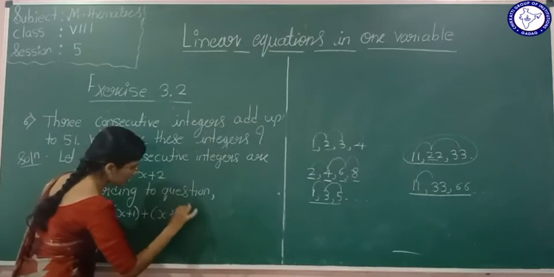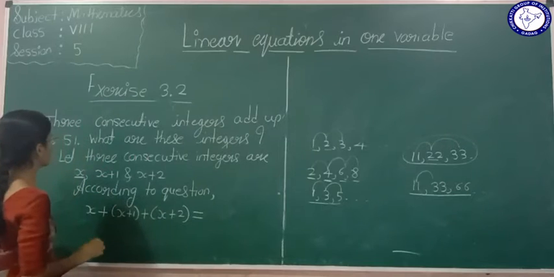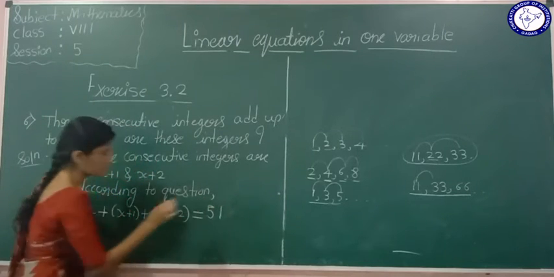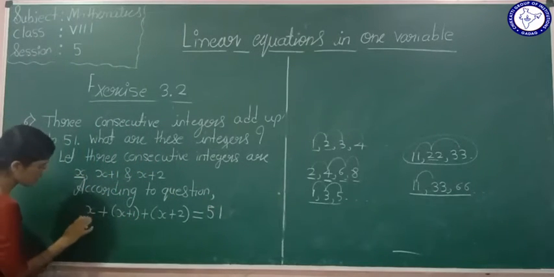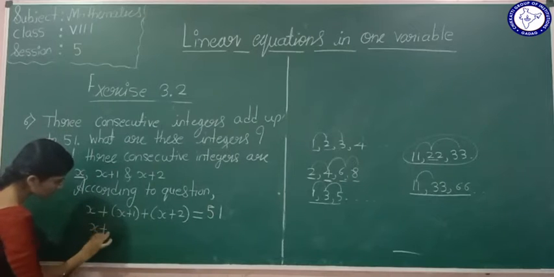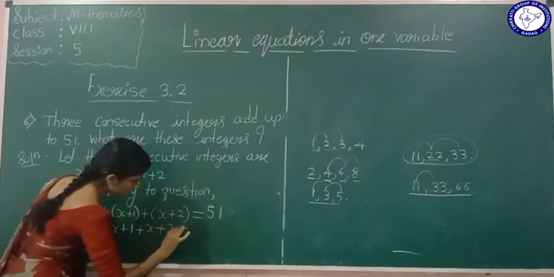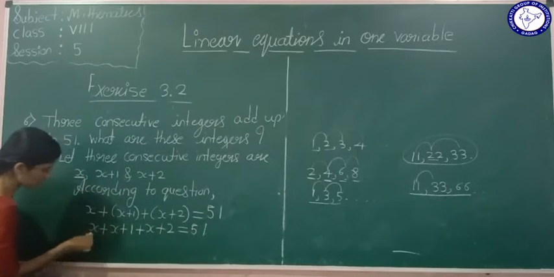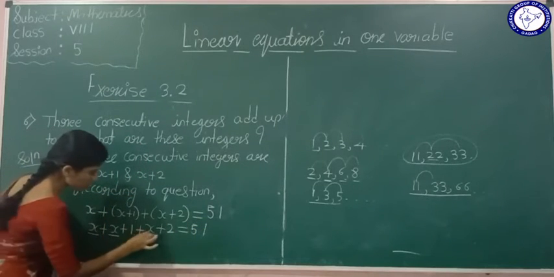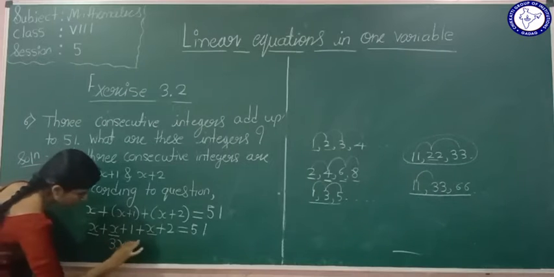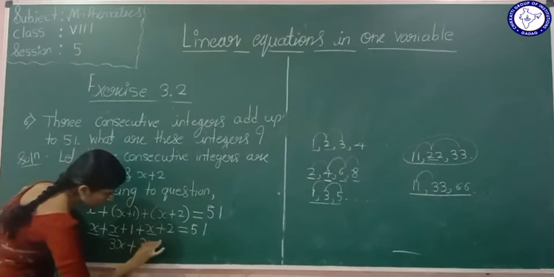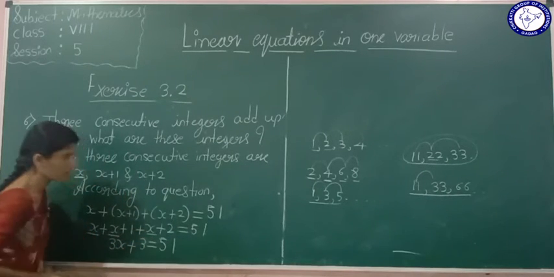We are getting the sum 51. Okay. Now see, simplify this. x plus x plus 1 plus x plus 2 is equal to 51. x plus x is 2x, 2x plus x is 3x. 1 plus 2 is 3, is equal to 51.